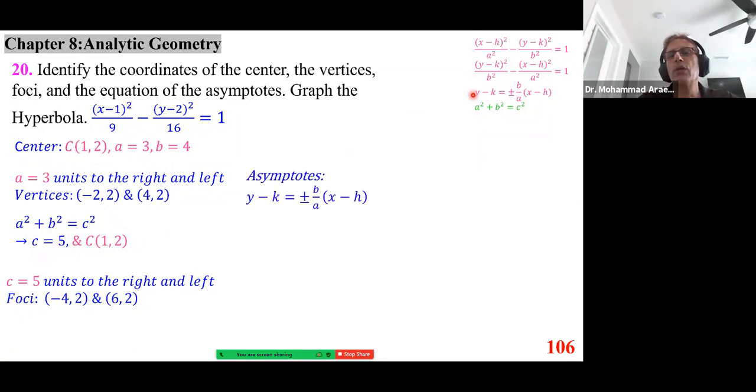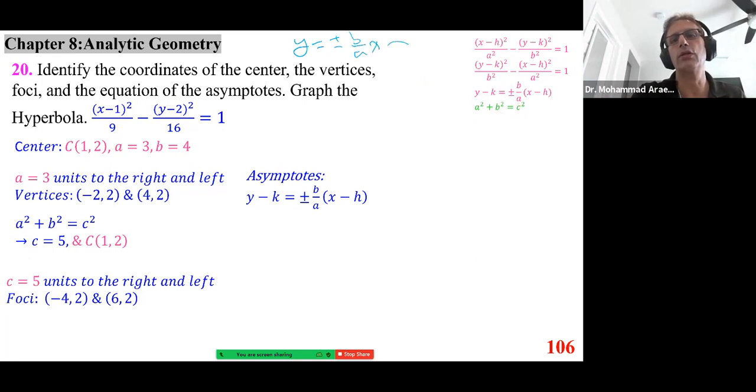Asymptotes: we use the same formula, y is plus minus b over a times x, and we move it by h and k in general. If you go back to the basic one, remember the basic one is y is plus minus b over a times x.